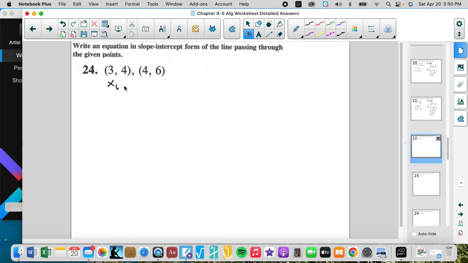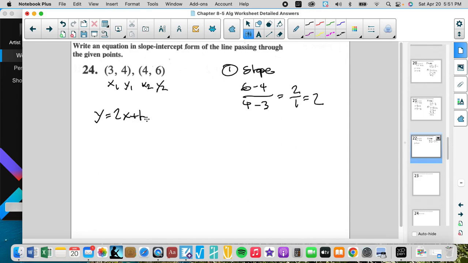X sub 1, y sub 1, x sub 2, y sub 2. First you've got to find the slope, which is y sub 2 minus y sub 1 over x sub 2 minus x sub 1. 2 over 1 is a slope of 2. So y equals 2x plus b.